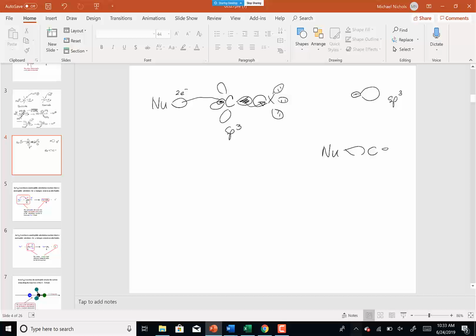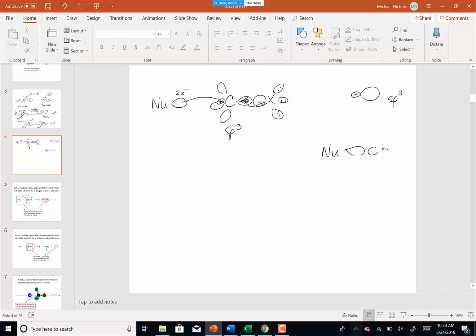So by doing the experiments with the chiral molecules, and that's why we needed to know chirality first in chapter 6 before we got to chapter 7, or whatever chapter we're on. What chapter are we on? 7. That's why we needed to know the chirality, because we need to apply the correct chirality in order to determine whether a reaction is front side or back side attack.